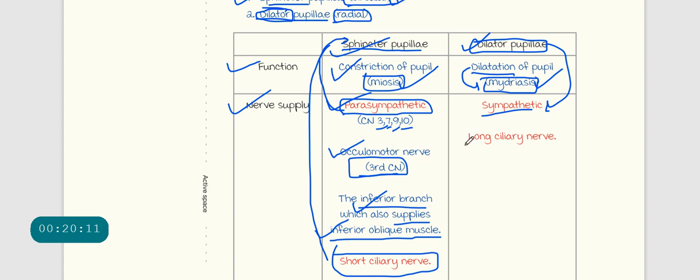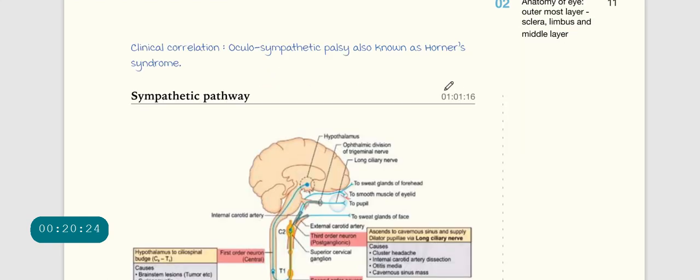Very easy. There is something called Horner's syndrome, and this is nothing but ocular sympathetic palsy. Ocular sympathetic palsy is known as Horner's syndrome. So let's see in detail what Horner's syndrome is. What are basically the clinical features of Horner's syndrome?